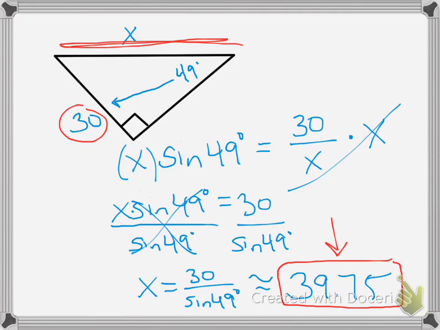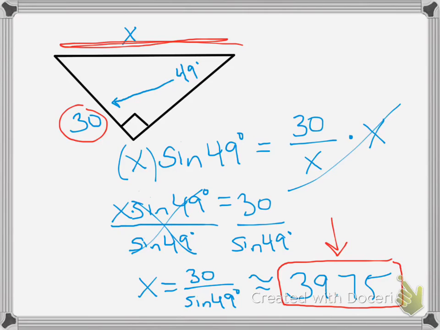That means my answer at least can be correct. If I typed it in wrong and the output came out to be, say, 20, I would have known my answer was wrong because the hypotenuse can't be smaller than the other leg. So then I would go back and check my work or check how I entered it into the calculator because I know the answer would not be correct.